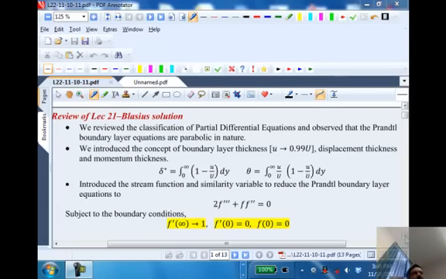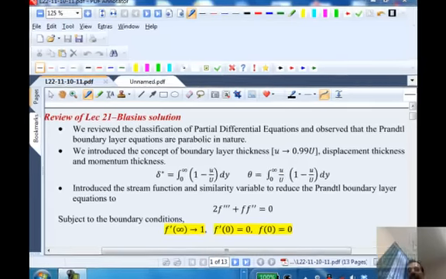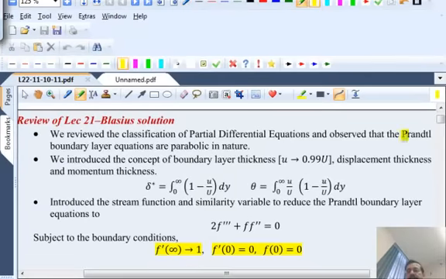And we could derive the equation governing such phenomena from the Navier-Stokes equation by doing proper scale analysis, which is the Prandtl boundary layer equations that you should be able to derive. And then we saw that it is parabolic in nature. So in that process, we went through the classification of partial differential equations to understand what we mean by parabolic, elliptic, or hyperbolic. And we defined other metrics for deciding how thick a boundary layer is.